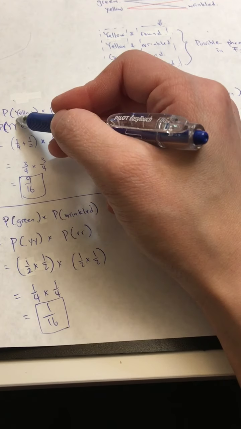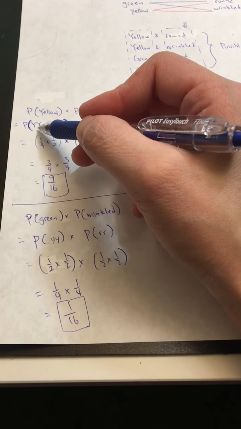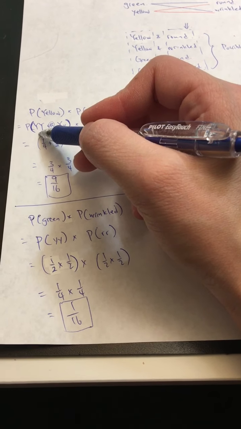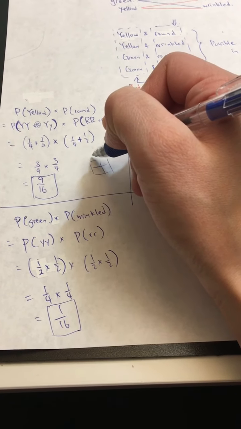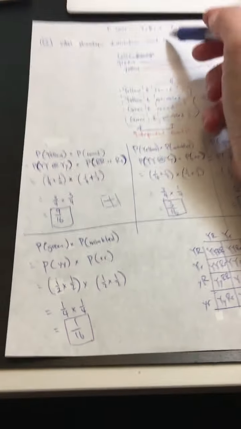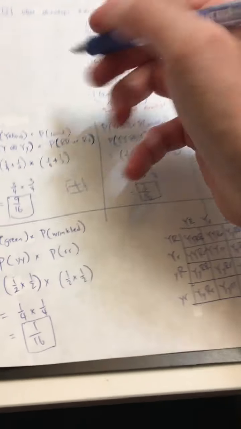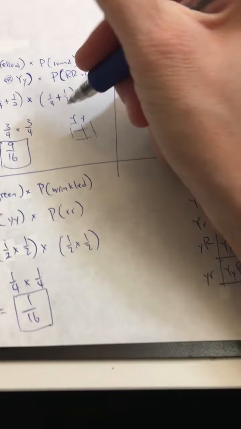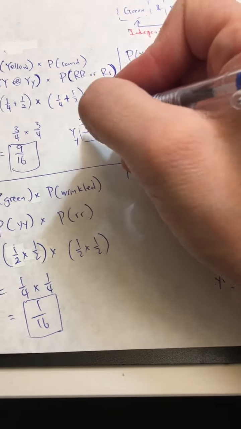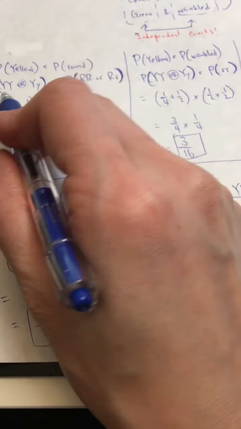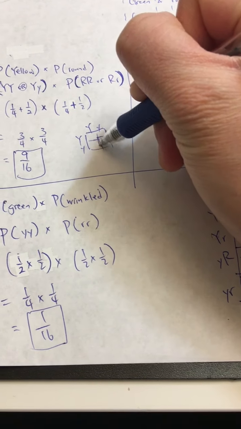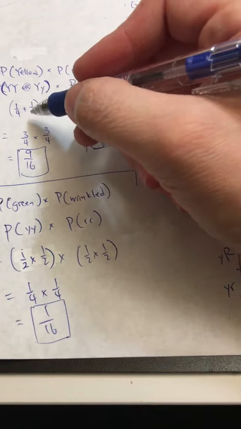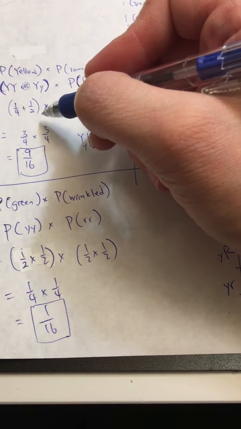To be yellow, it needs to have at least one big Y. Once again, you can do the little cheat Punnett square. Given this parental cross, we know that the probability of getting at least one big Y, that's these three, is 3/4.